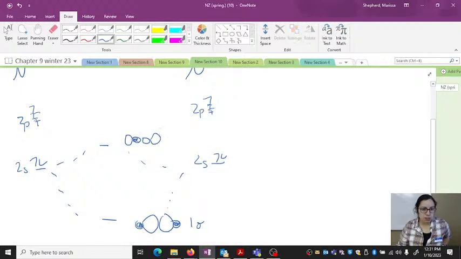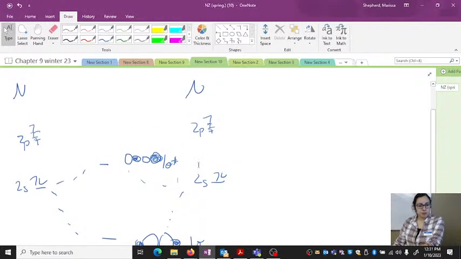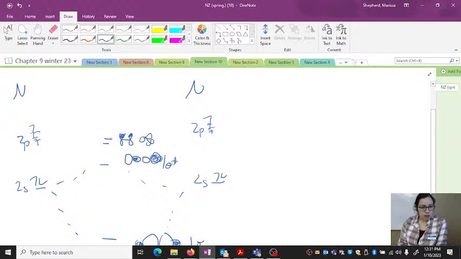Sorry, OneNote doesn't like these little circle shadings. So now our 1 sigma antibonding. Then next in line, we said were our p orbitals. So those pi bonds, px, py.